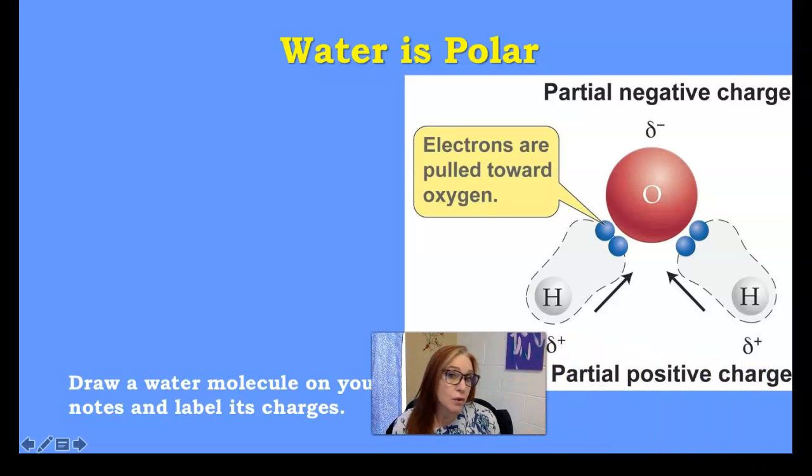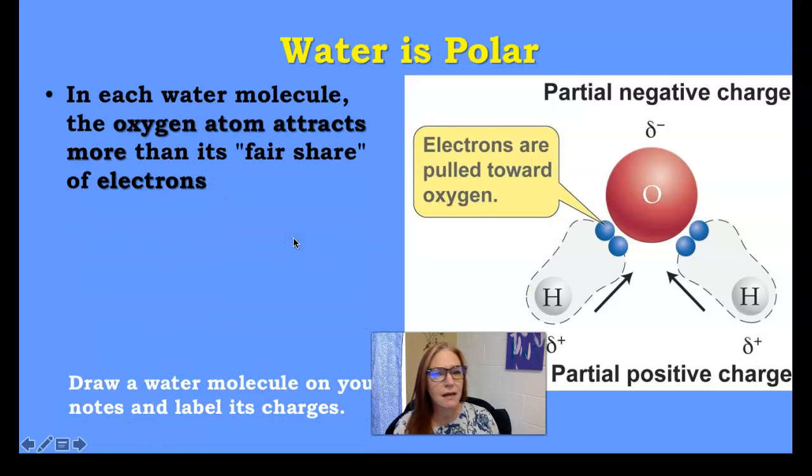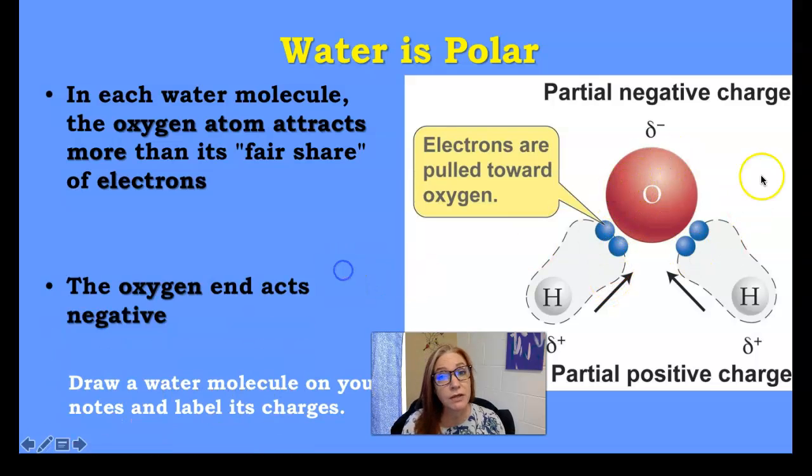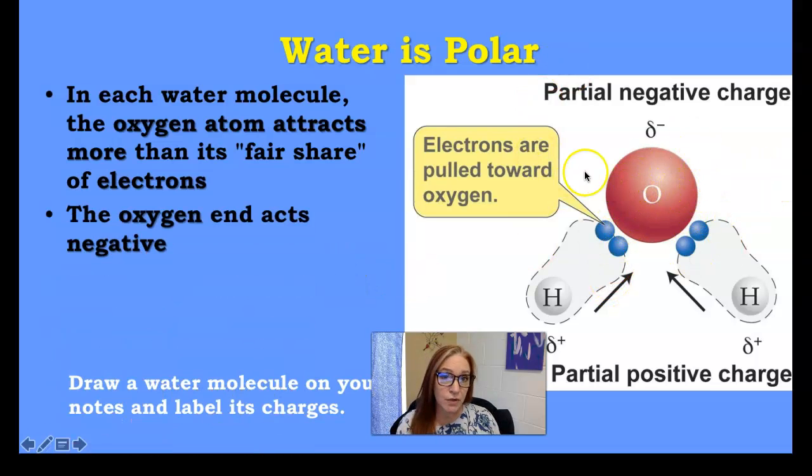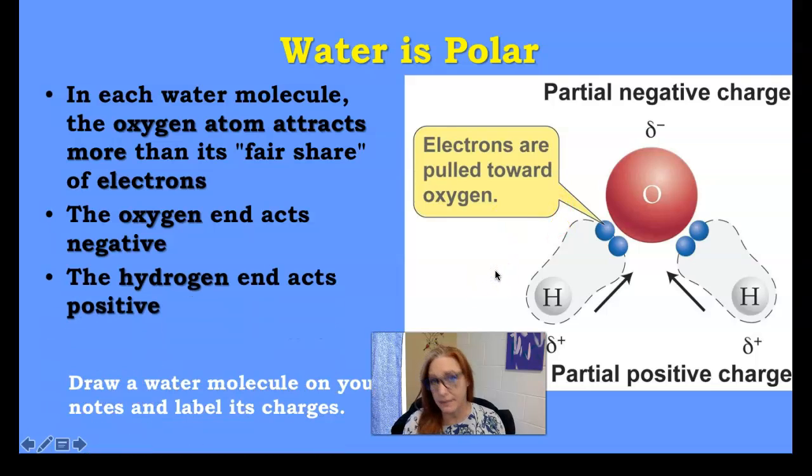Water molecules are what we call polar because as those electrons are shared, they are pulled a little more strongly toward the oxygen end. The oxygen atom attracts more than its fair share of the electrons. So that creates an unequal charge in the molecule. We say oxygen is more negative, hydrogen is more positive.